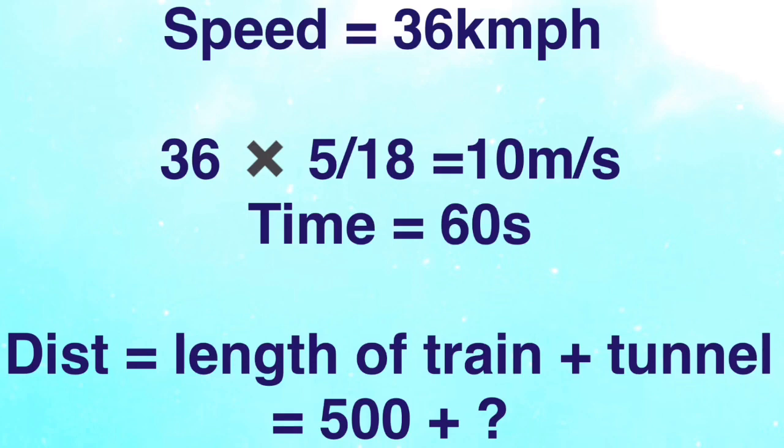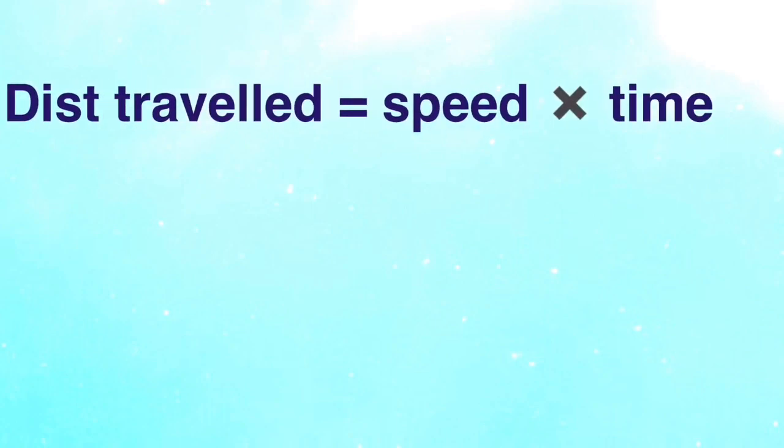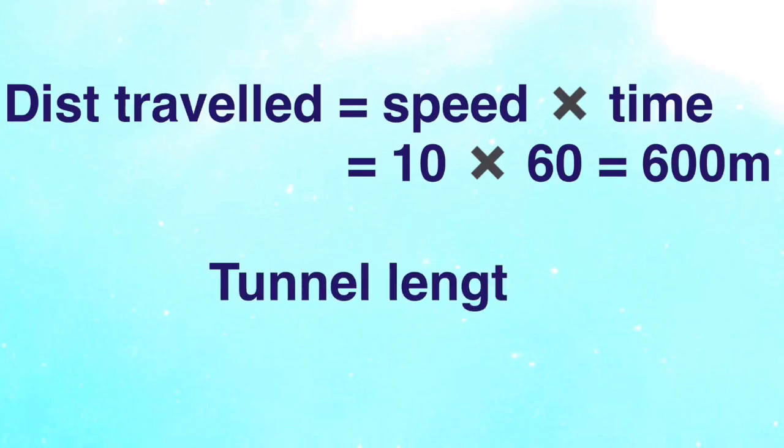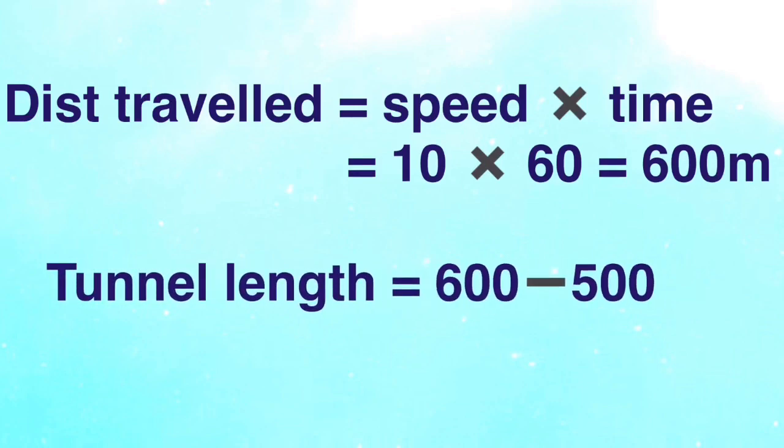And distance is length of train plus tunnel. Length of train is 500. So calculate the tunnel. Here distance travelled is speed into time. 10 into 60 is 600 meters. So total distance is 600, out of which train is 500. So tunnel length is 600 minus 500 is 100 meters.